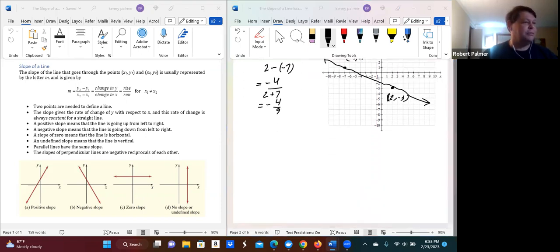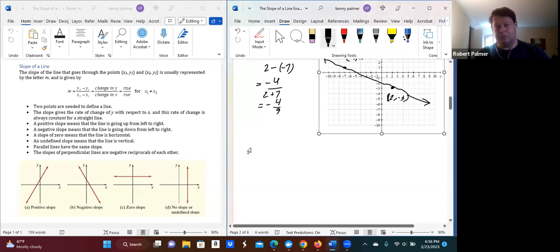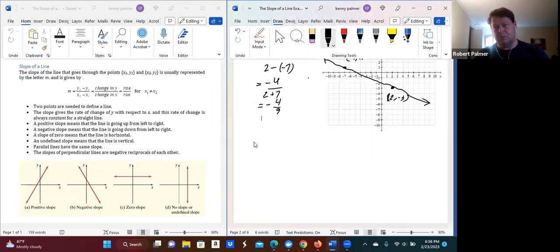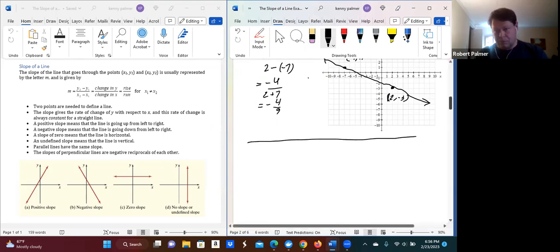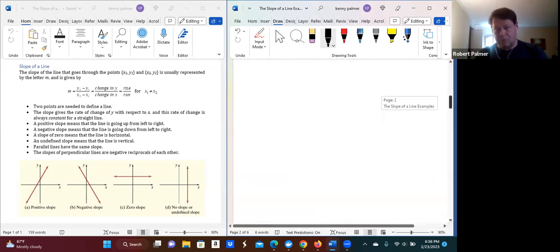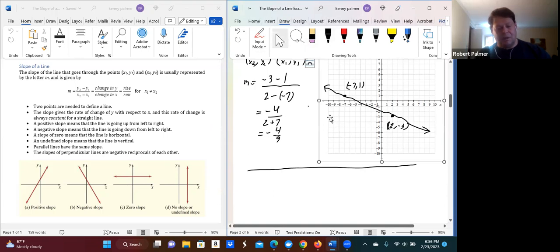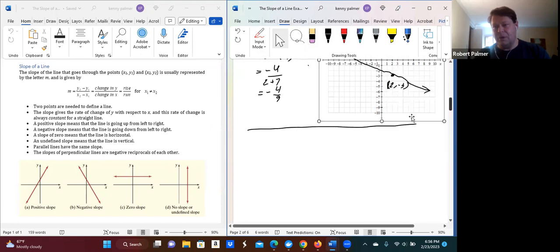Let's take a look at another one. All right, number 2. Let's see if I can squeeze another grid in right here.